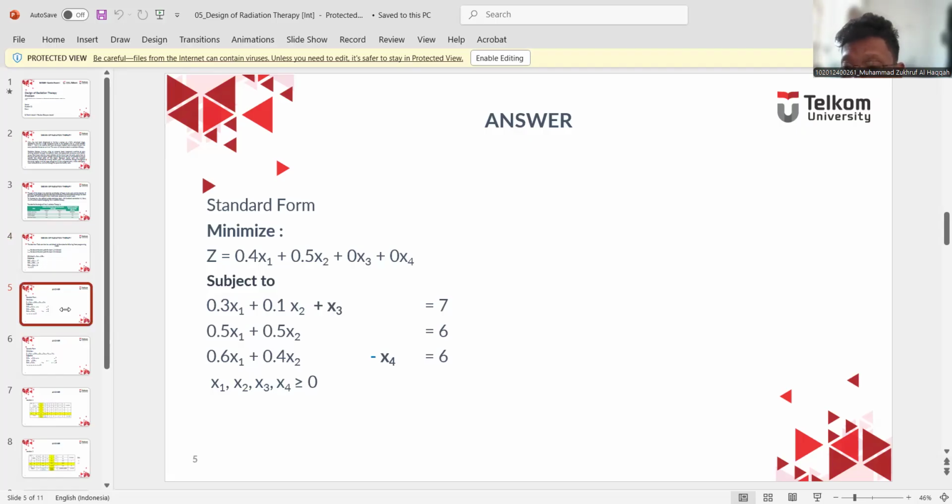After converting the problem into the canonical form by adding slack x3, surplus minus x4, and artificial variables x5 and x6, we began the simplex process.